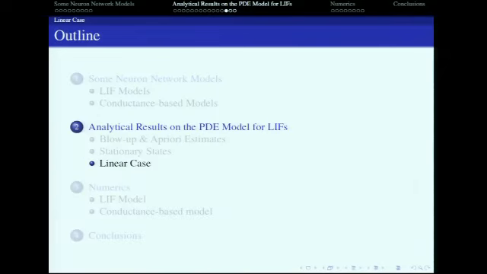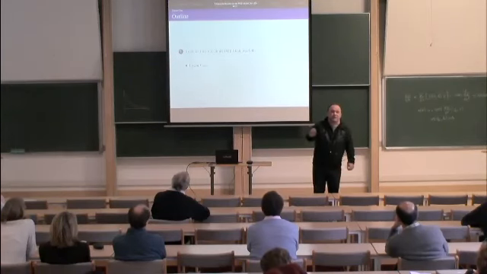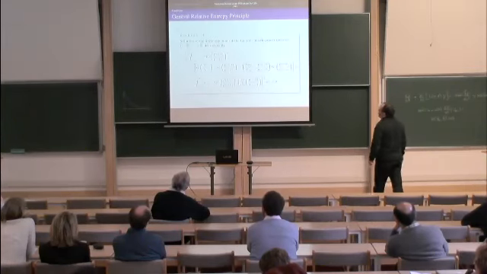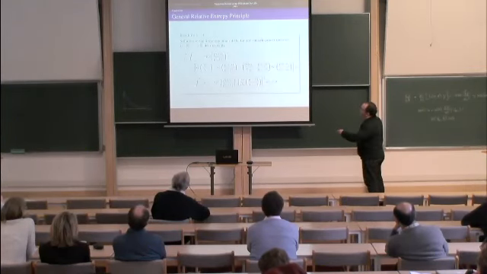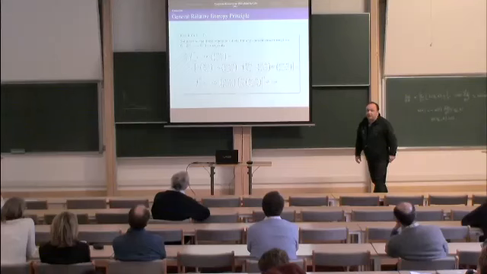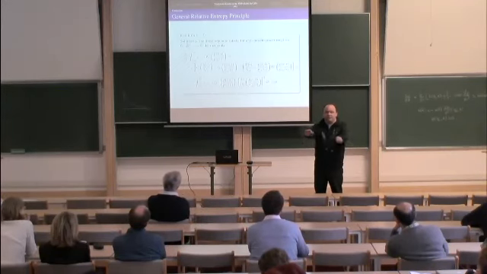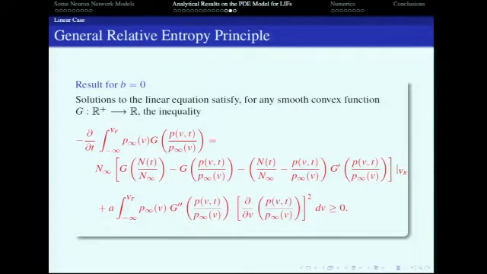The linear case, in fact, I don't have too much time now, so I think I'm going to stop very soon. But in the linear case, I think Mar will say something too. What can we show in the linear case? The linear case is b equals 0. For b equals 0, this problem enters directly into the general linear relative entropy business that Benoit introduced some years ago for many models.